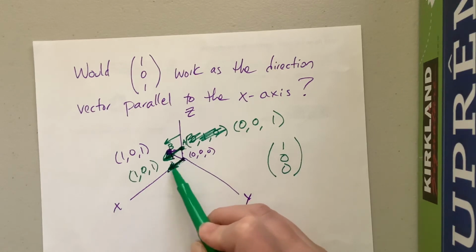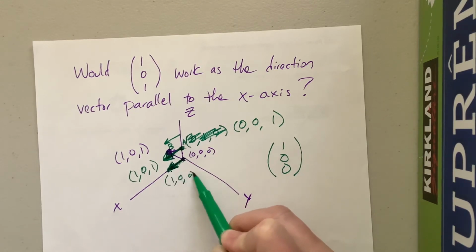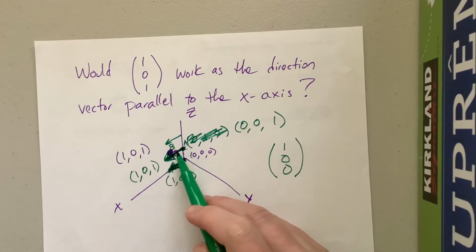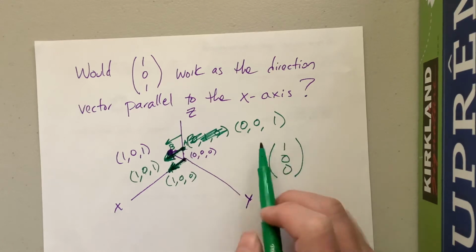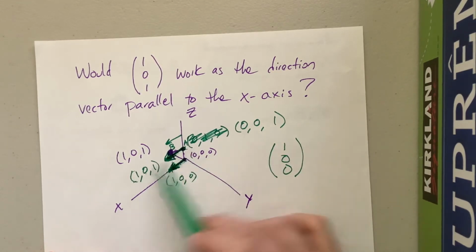So this vector, it's easy to see that it's gone from the origin to this point 1, 0, 0, so therefore it's the vector 1, 0, 0. But if I think of it up here being parallel to that, it's gone from this point to that point. When we subtract, we get this same vector. So the way that I think about it is that for lines, we have to give them a position vector so that we know where exactly.